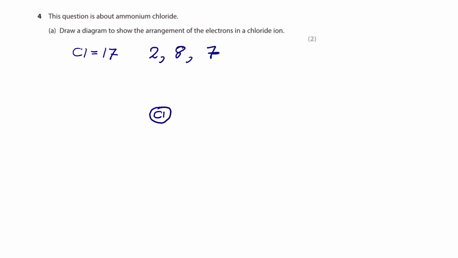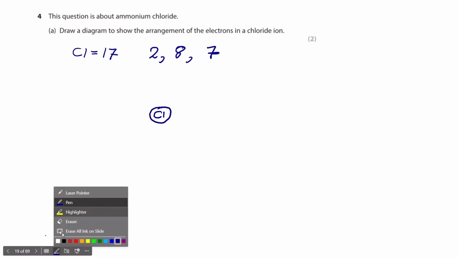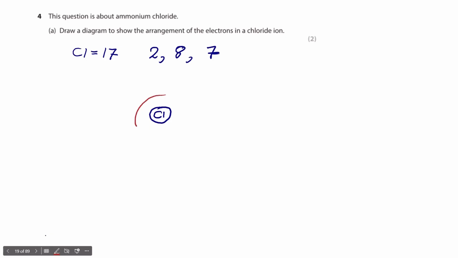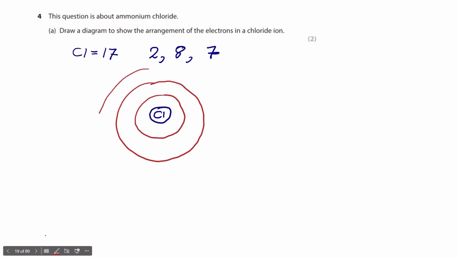Then we have electrons. You can find electrons in the energy levels. So we have the first energy level, the second energy level, and the third energy level.